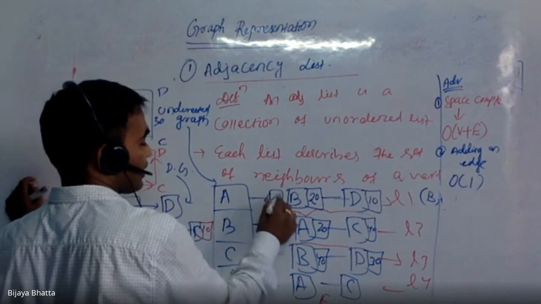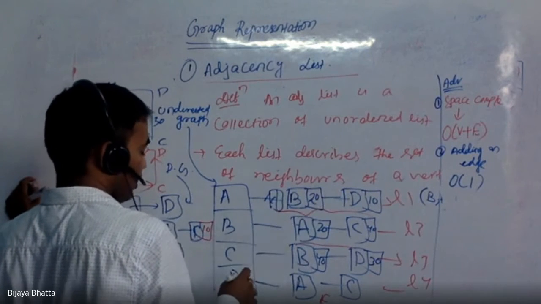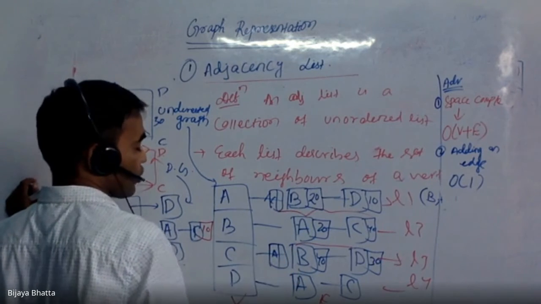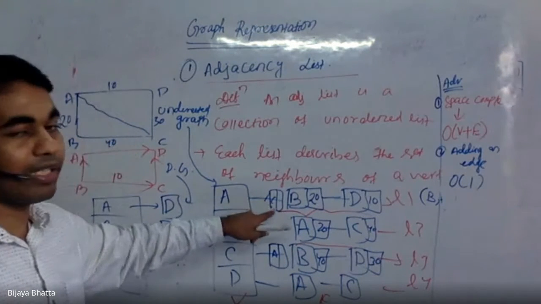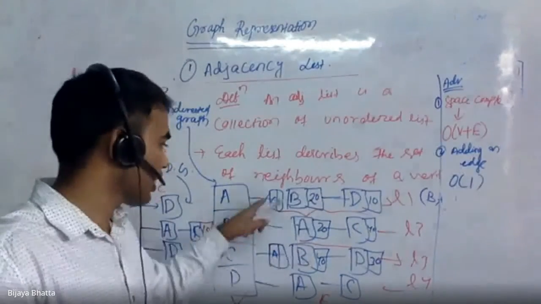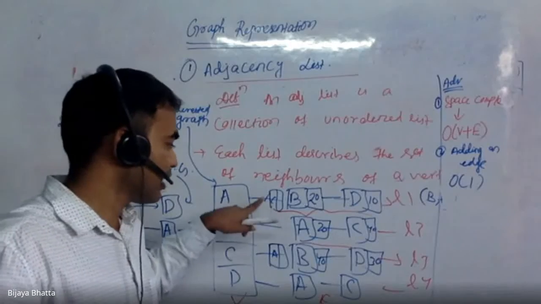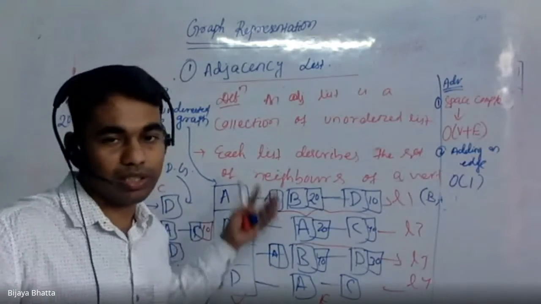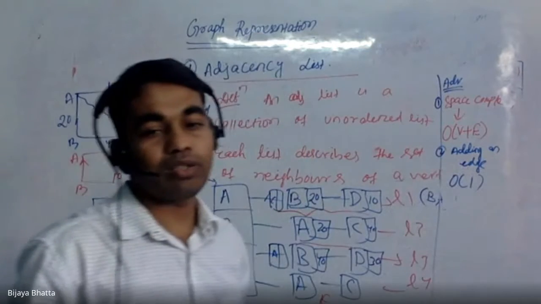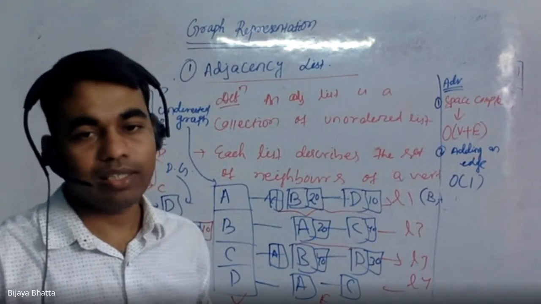Suppose c is here, and then again at c you will add a. So this is again a constant time. This is a linked list, and inserting into a linked list takes order of one time. You'll just insert it here, and that's all you need to do. So that's why adding an edge is going to take order of one.